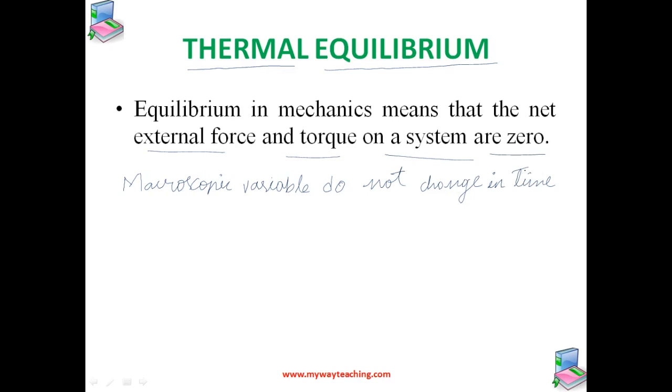For example, a gas inside a closed rigid container which is completely insulated from its surroundings, with fixed values of pressure, volume, temperature, mass, and composition that do not change with time. That is the perfect example of a thermodynamic equilibrium.